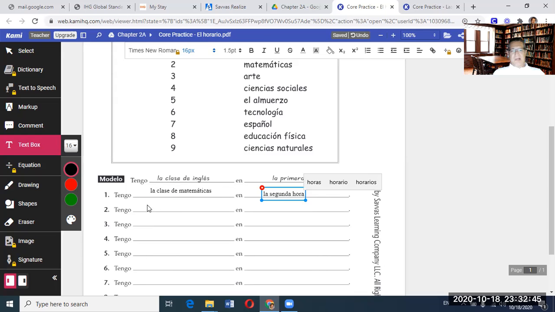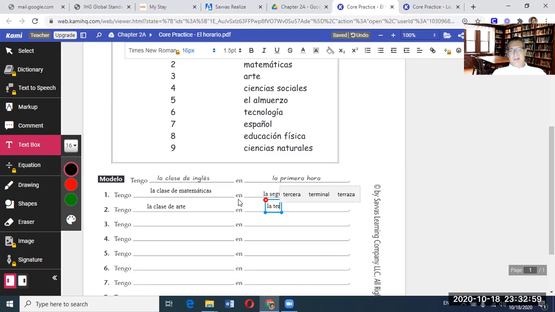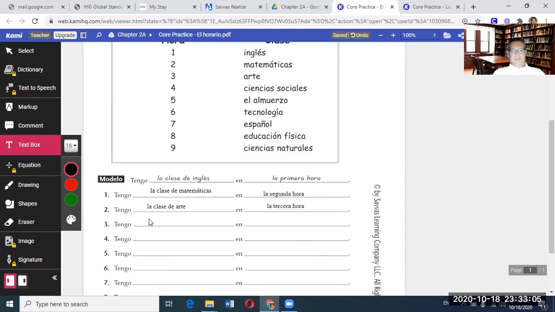Tengo la clase de arte. What period do we have art? Third period, right? En la tercera hora. Third. Tengo la clase de ciencias sociales.